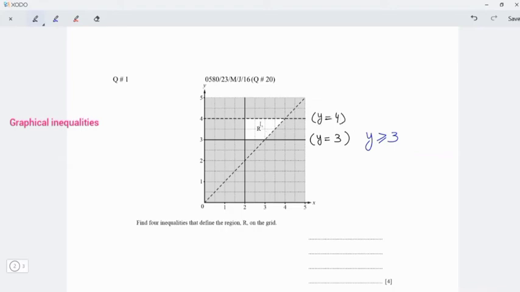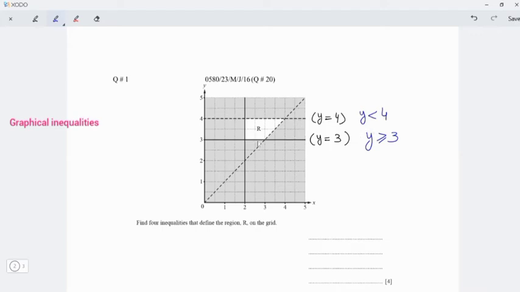Look at the region. Is the region above this line, or is it lying below this line? We can simply see the region is below this line. So we can write the answer as y is smaller than 4. We don't put the equals sign, because it is a dotted line.